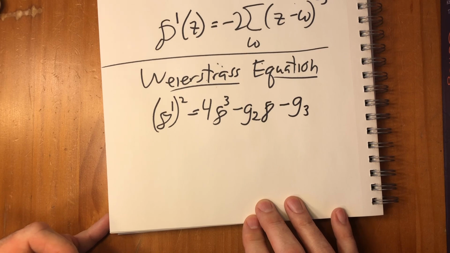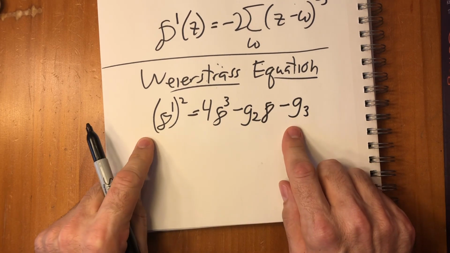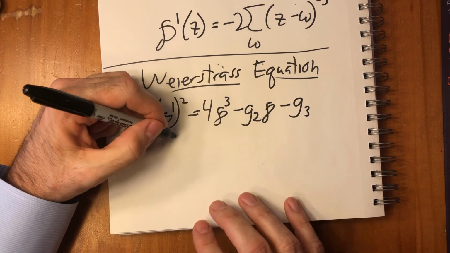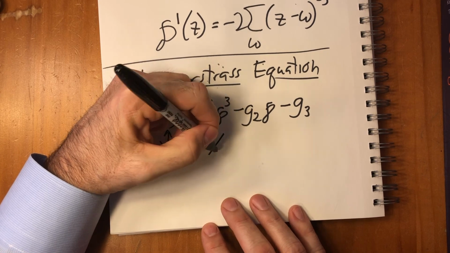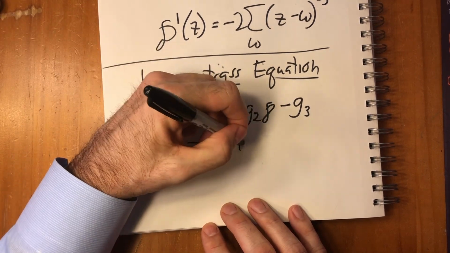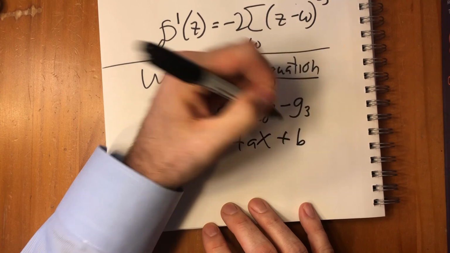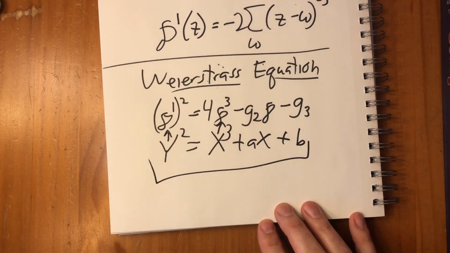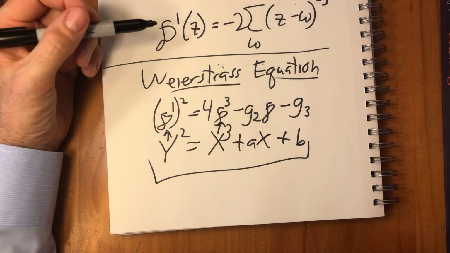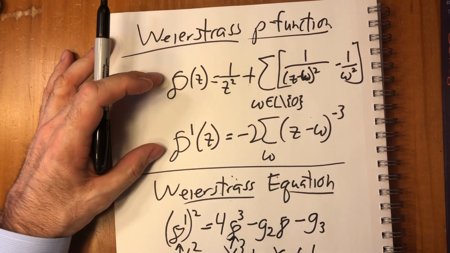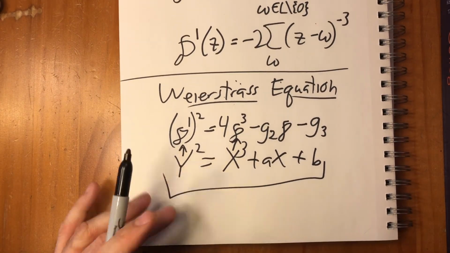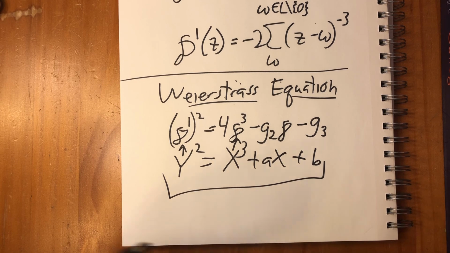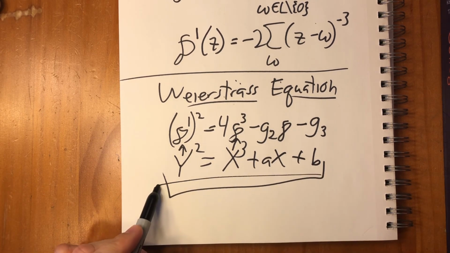And what is this? As I showed you at the beginning of this introduction, this says that y squared equals x cubed plus ax plus b. This is an elliptic curve. So what Weierstrass discovered is that these doubly periodic functions have a relationship that is the relationship described by an elliptic curve.